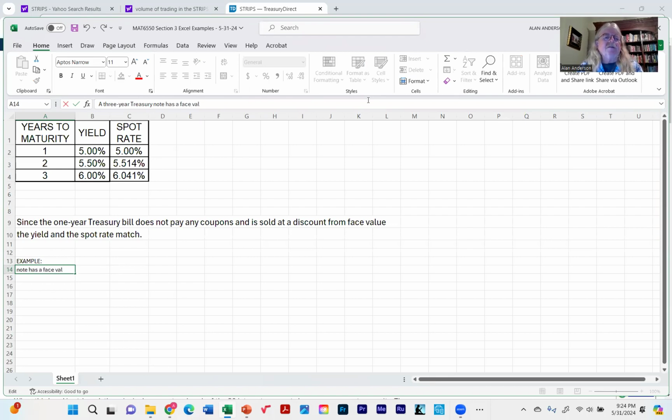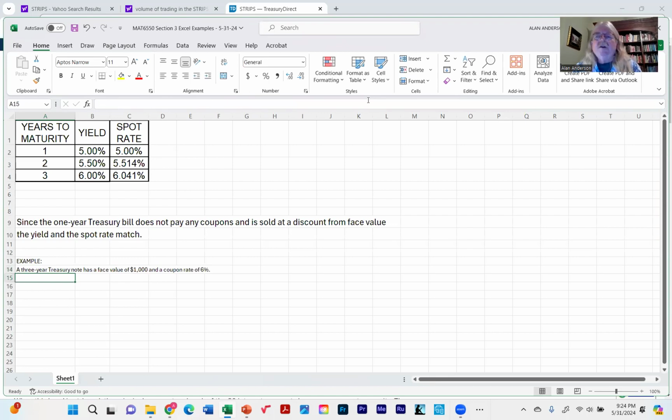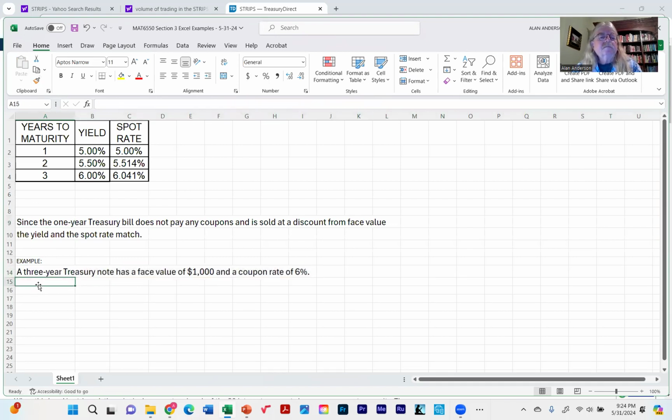It has a face value of $1,000 and a coupon rate of 6%. If the coupon rate is 6%, that implies 6% times $1,000, which is 60.